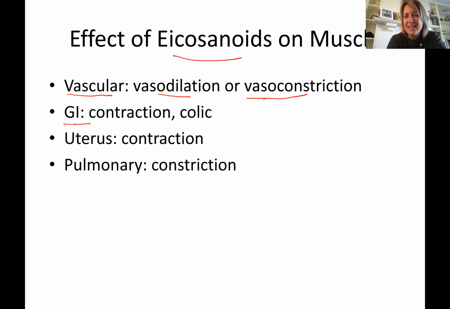In the GI tract, they may lead to colic, they may lead to pain. In the uterus, they're going to cause contraction. In the respiratory system, they're going to cause bronchoconstriction. So all these eicosanoids, which can be the prostaglandins or the leukotrienes, are going to have effects on the musculature, on the muscles.